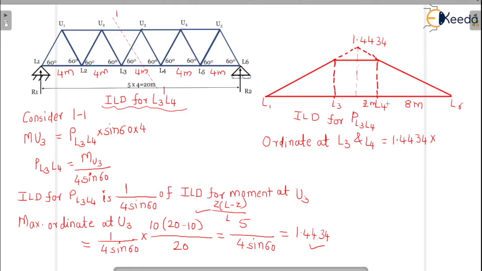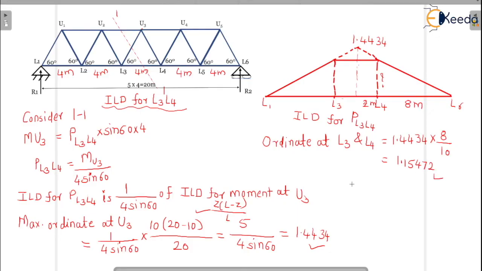So for 10 meter, when this is the height, what will be the height for 8 meter? Using this triangle, you will be able to find the ordinate at L3 and L4. We are getting the answer as 1.15472. So the ordinate at L3 and L4 is this answer.